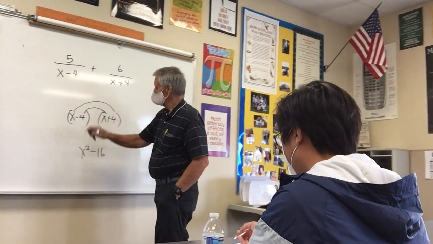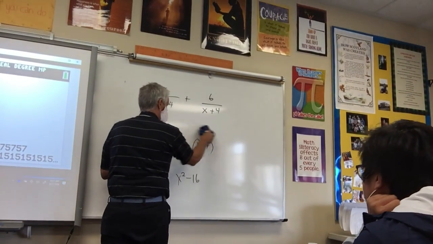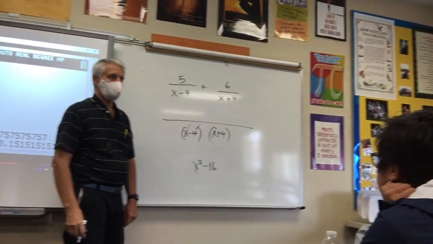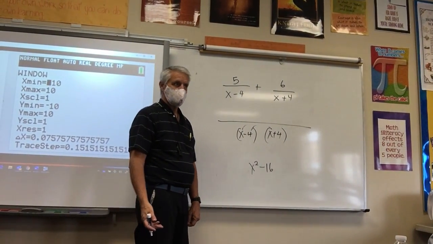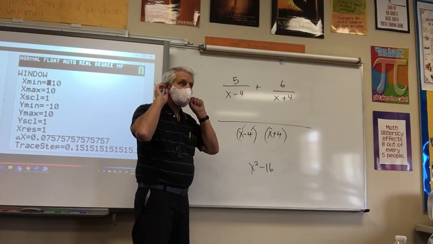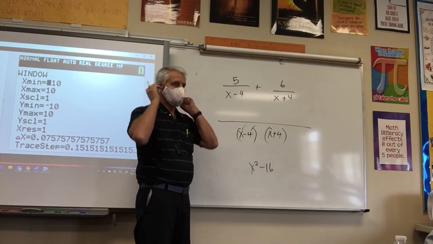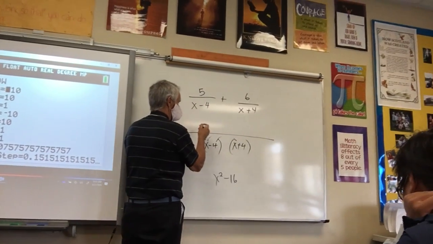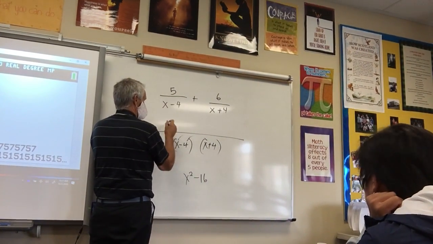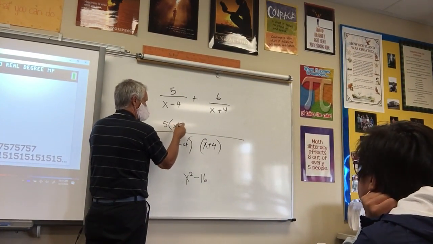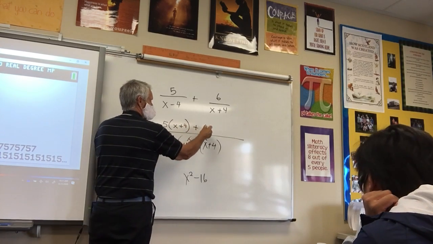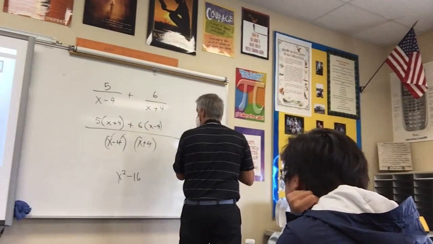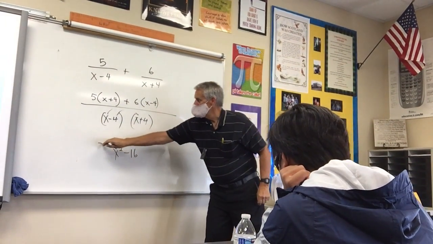So what's the next step? You do the top part, which is 5x plus 20. I'm gonna multiply 5 times the other factor, plus 6 times the other factor, 6x minus 24.